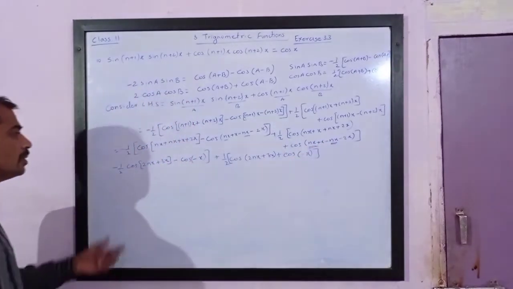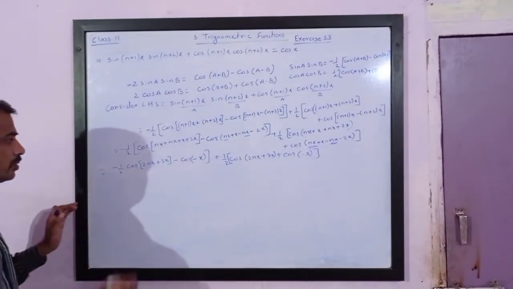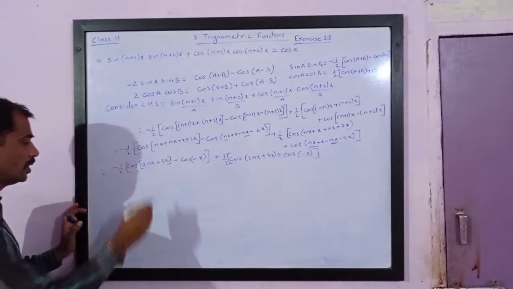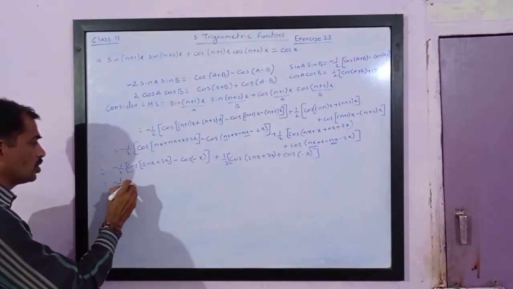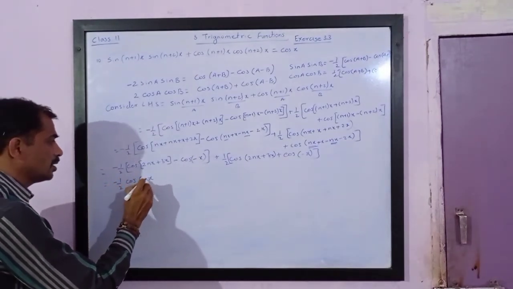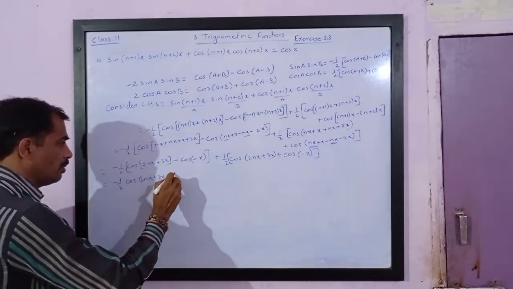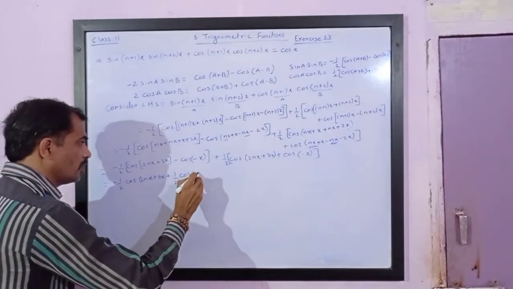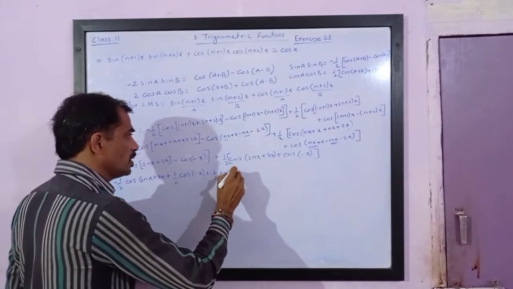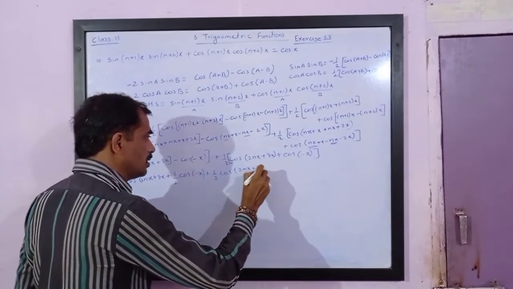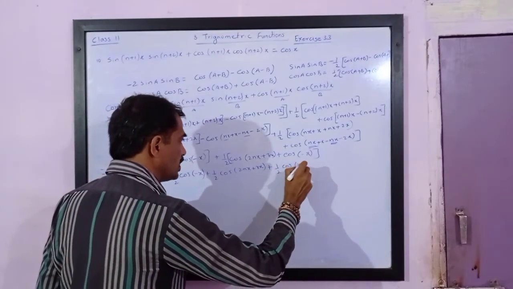Now watch carefully. We will change the signs first. This will be negative half cos of (2nx plus 3x), this minus will become plus half cos of minus x, this is plus half of cos(2nx plus 3x), this is again plus half cos of minus x.